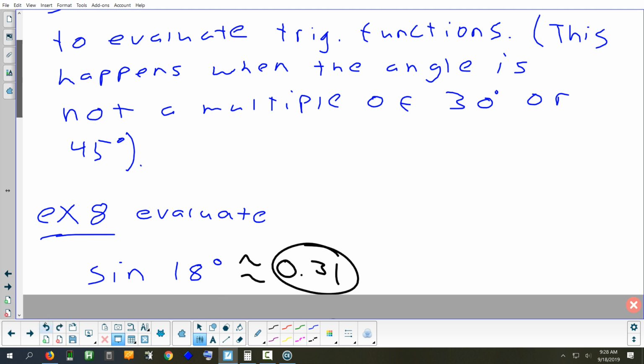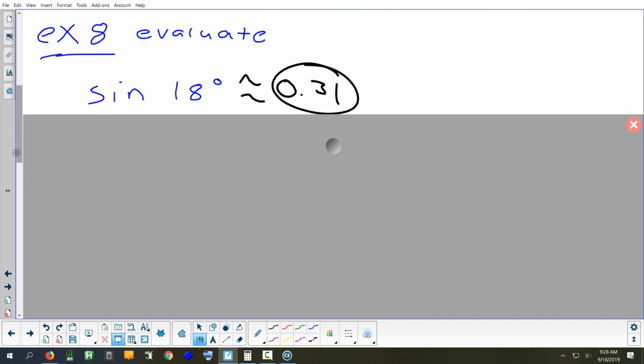There'll probably be 4 or 5 of these in a row using the calculator. I've had some people have the calculator in the wrong mode for that whole section. You just have to look. Maybe some will be degrees, some will be radians, so you might have to switch. Just make sure you put it in the right mode. What's GRD? Those are gradients. It's another way to measure an angle, but we don't use it.